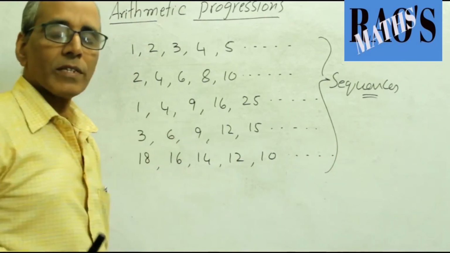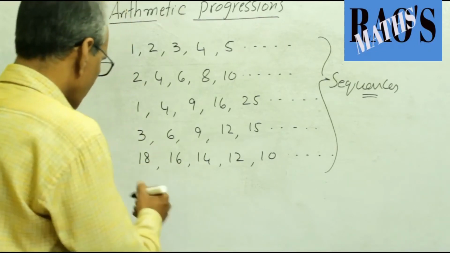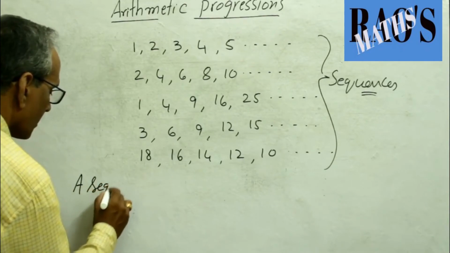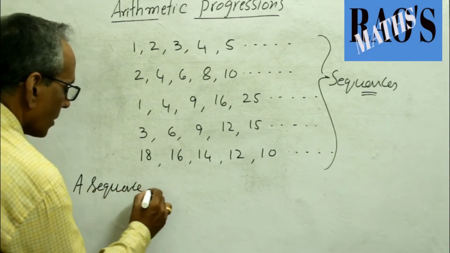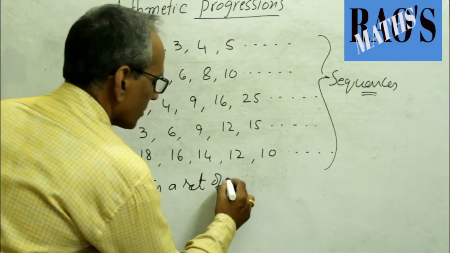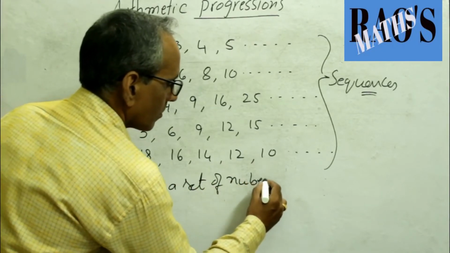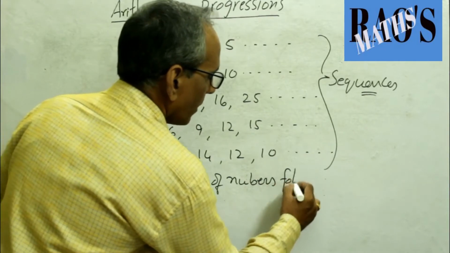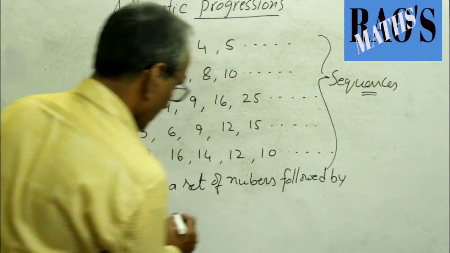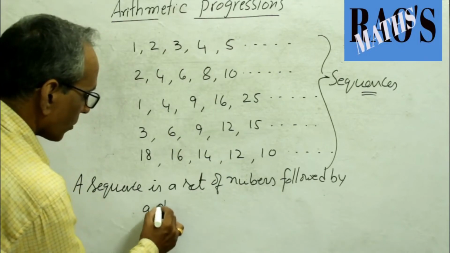So we define a sequence in such a way that a sequence is a set of numbers followed by a definite rule.